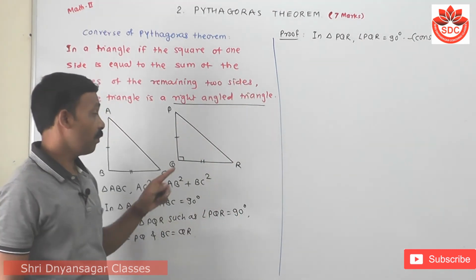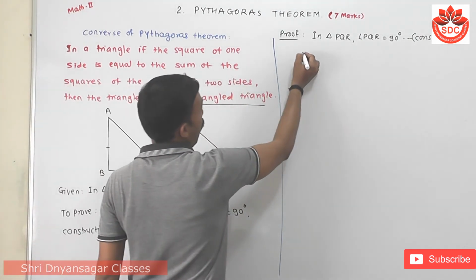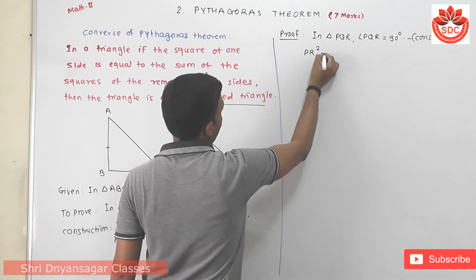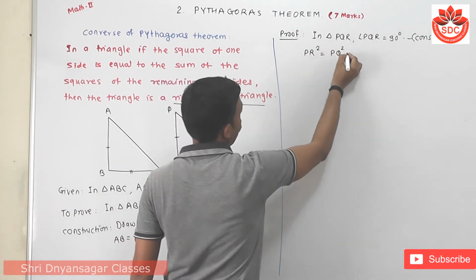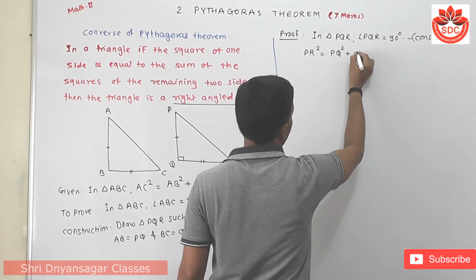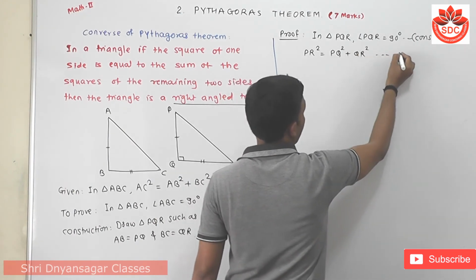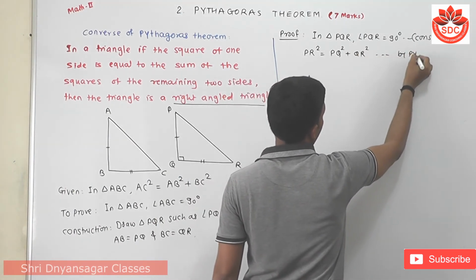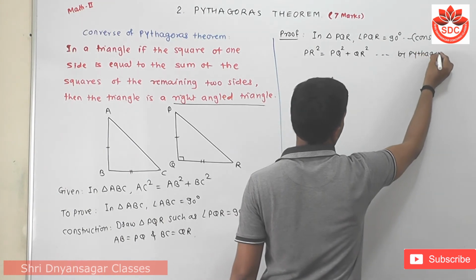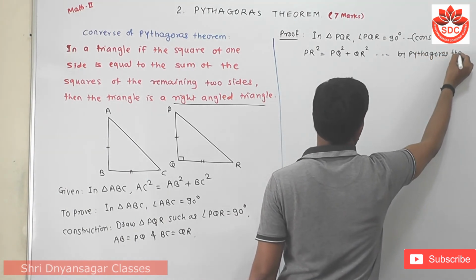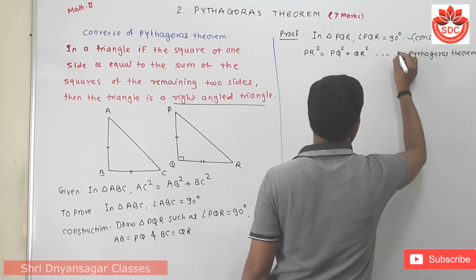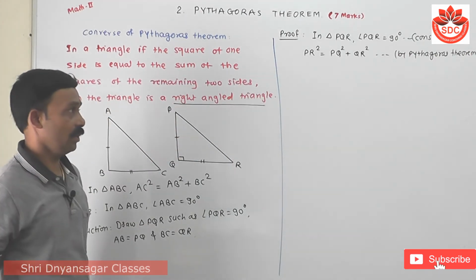By Pythagoras theorem, PR square is equal to the sum of the squares of the two remaining sides.